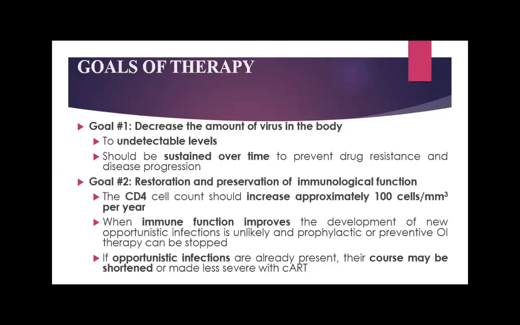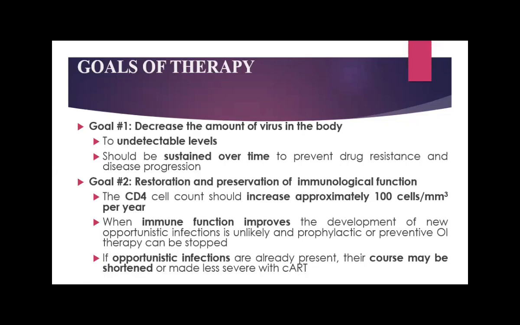So now we're going to look at the goals of therapy. The first goal is to decrease the amount of viruses in the body to undetectable levels and to prevent drug resistance. When the viral load has been reduced to an undetectable level, it means the patient has achieved viral suppression.